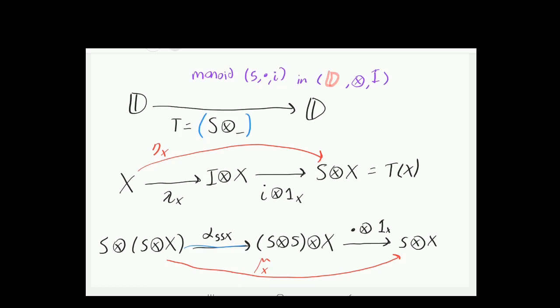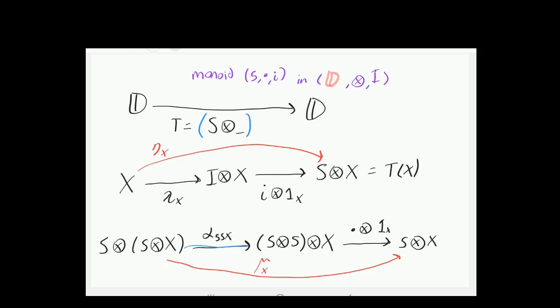I'll just say a couple of extra things. One of them is that this whole idea of monads can be generalized. The key mantra that I've been saying in this video is that a monad is a monoid in the category of endofunctors.